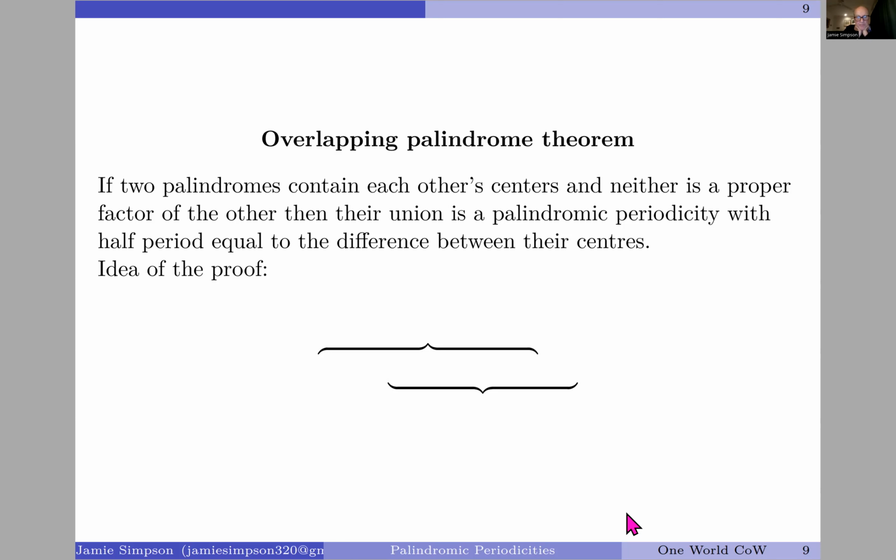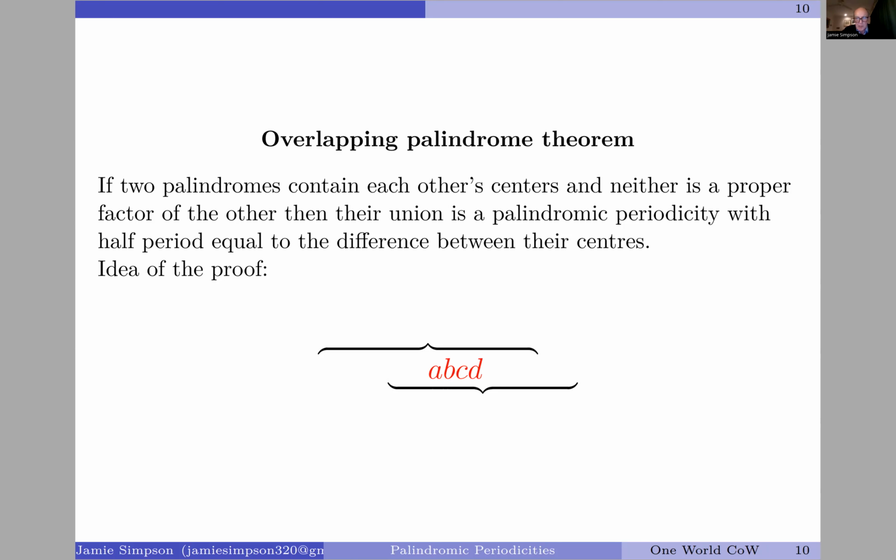But in this case, we've got two palindromes which are shown by those braces. They're both even length, so they're pointy bits in the braces of the centers. To see how this theorem works, I'll shove in some letters in between the two centers, just there. That ABCD is now reflected in the center of the top palindrome.